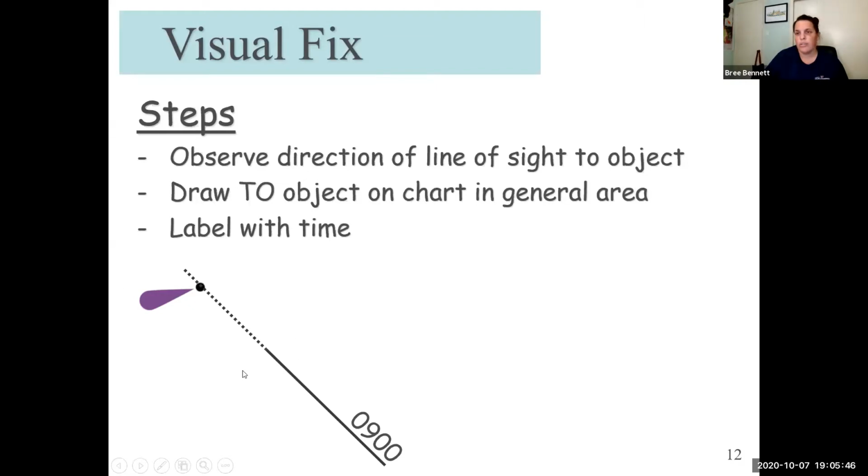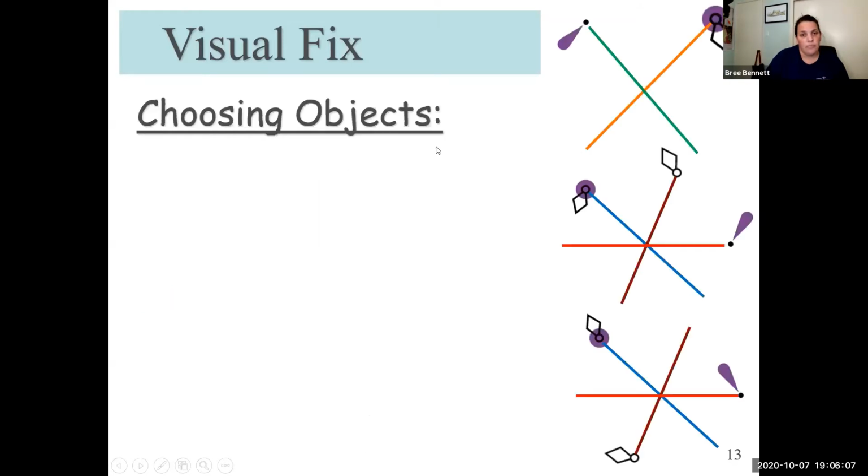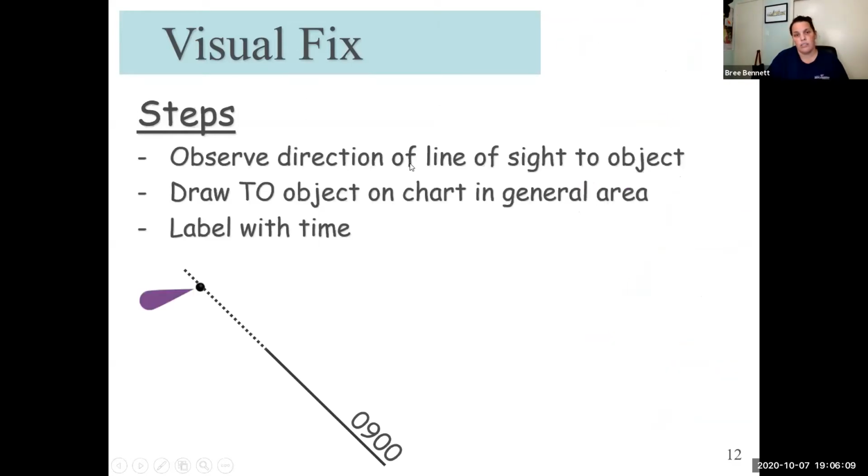Once you get better at plotting positions and you want to have a cleaner chart, you can erase those lines, and once you get your fix, you can erase the other LOP's line. You just want those data points of how you got that fix logged in a logbook of sorts. Okay. Any questions on how we draw that visual line?